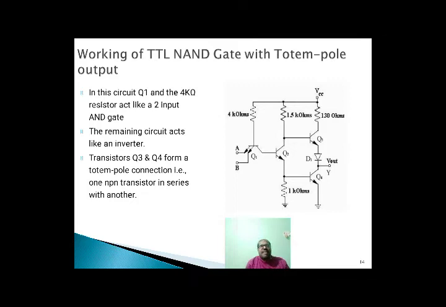By seeing this diagram, Q1 and the 4 kilo ohm resistor act like a 2 input AND gate.